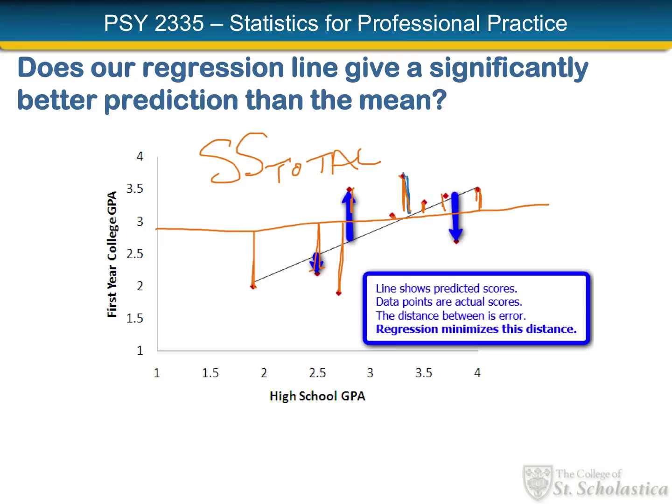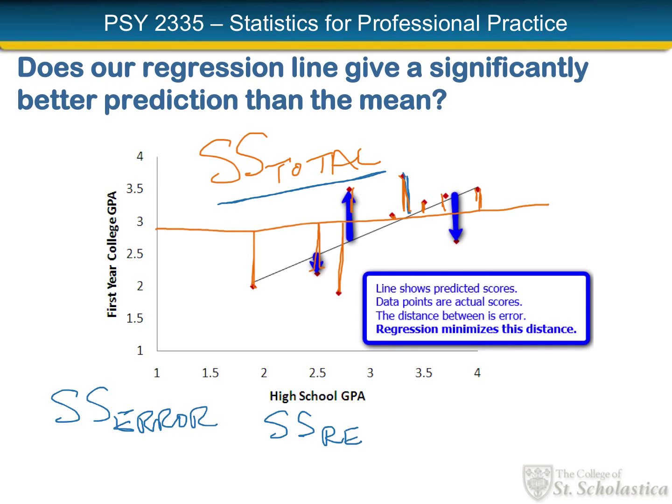So if our regression leaves us with a sum of squares error, and we also have the possibility of this total sum of squares, you can begin to see that we'll also have a sum of squares due to regression, and we'll be able to do some of the same type of analysis that we did when we were working with analysis of variance.